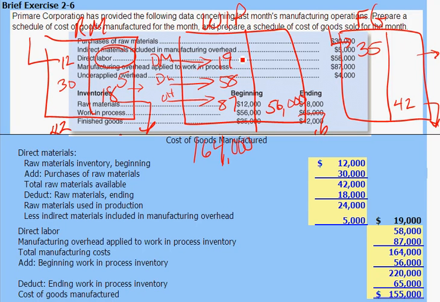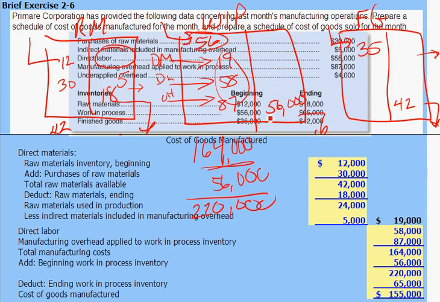Our beginning work in process was 56,000, and we were told that we had direct materials of 19, direct labor of 58, and manufacturing overhead of 87. Those all together added to 164, plus our beginning work in process of 56 brings the right-hand side of our box to 220,000.